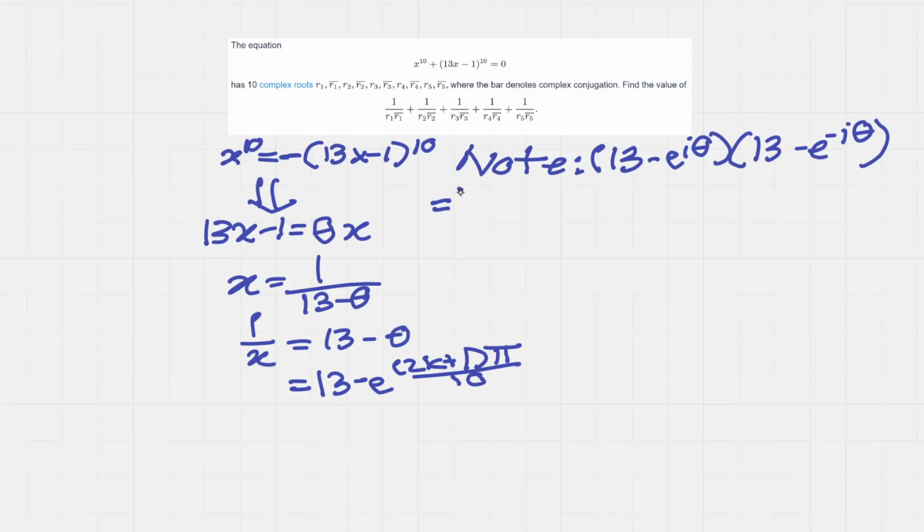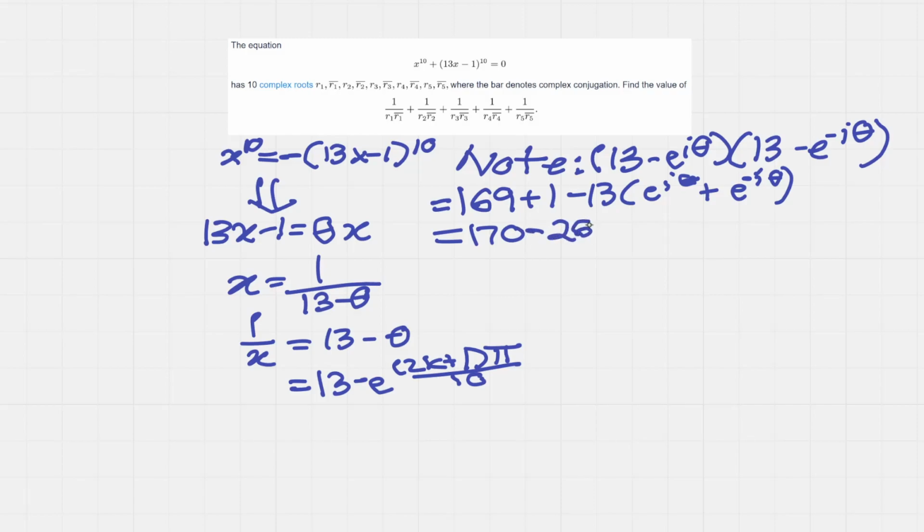Now, this just expands out into 13 minus e to the i theta times 13 minus e to the negative i theta, which combines into this. Now, for this part, e to the i theta plus e to the negative i theta, the imaginary parts cancel out and the real part is doubled. So that times 2 gives us a factor of 26. Our real part is cosine theta.